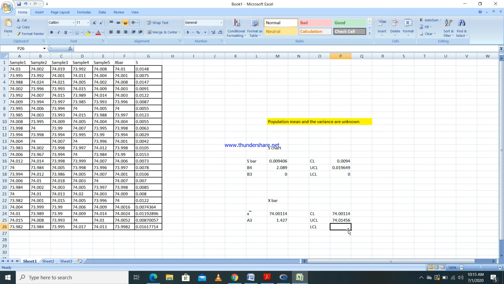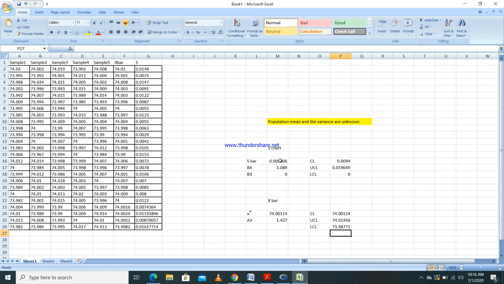So this is the upper control limit, and if you look at the lower control limit, the lower control limit is equal to x double bar minus A3 times s bar.